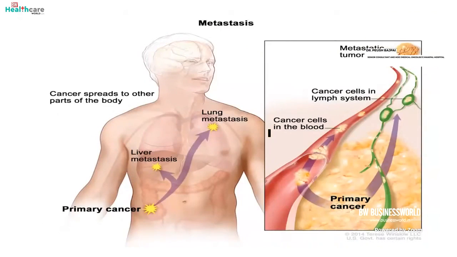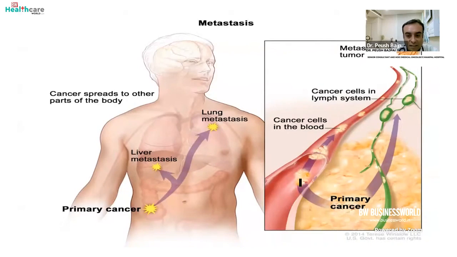Evasion could result in spreading eventually through the bloodstream. So the cancer cells can spread through the bloodstream and go to other organs. For example, as you can see in the cartoon over here, if a cancer cell arises in the large bowel, then, if unchecked, it can go to the liver and also to the lung.